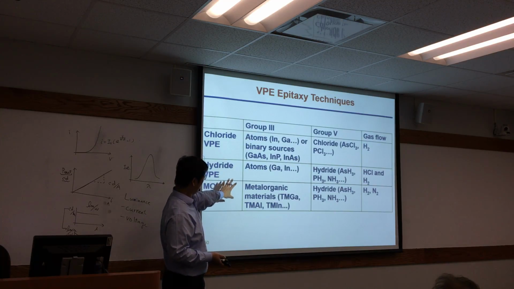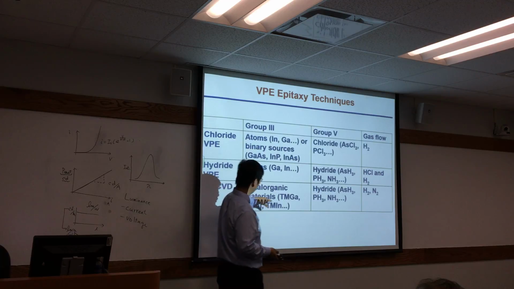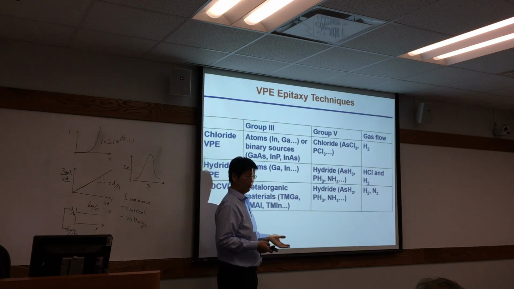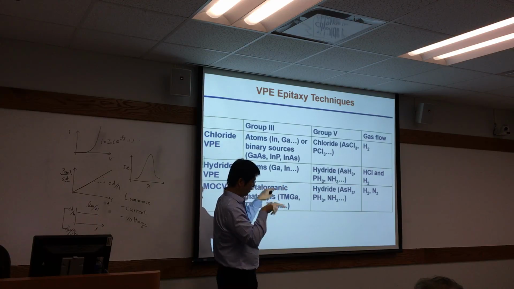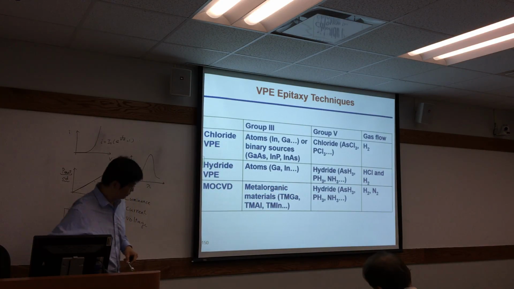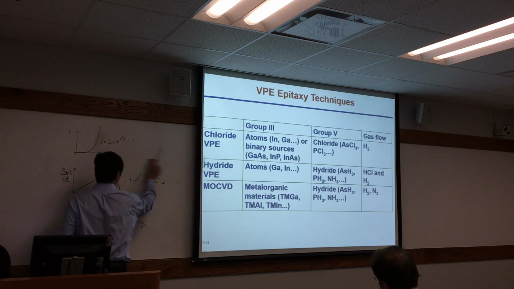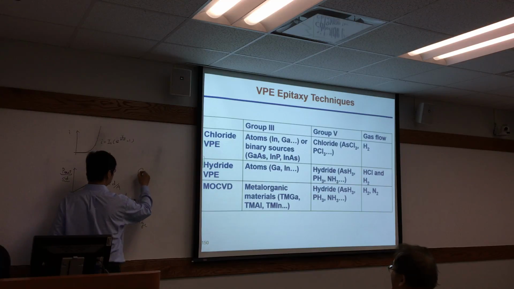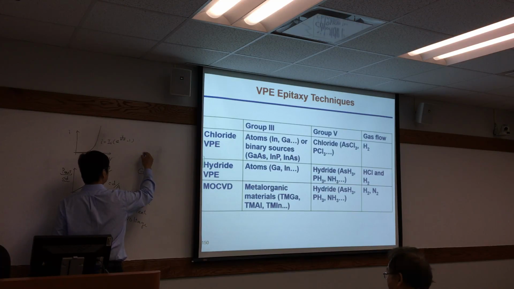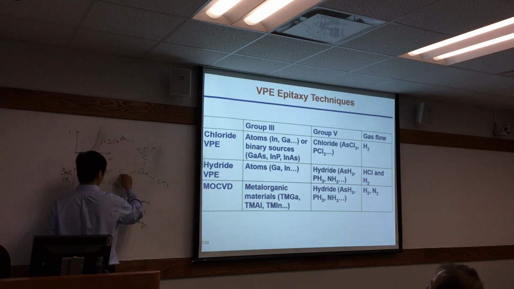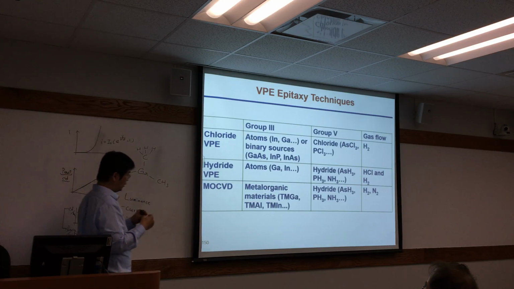But we can use the metal organic material. Here it means trimethyl gallium, because gallium is a group 3 material. So you can put 3 methyl groups, CH3, something like that.